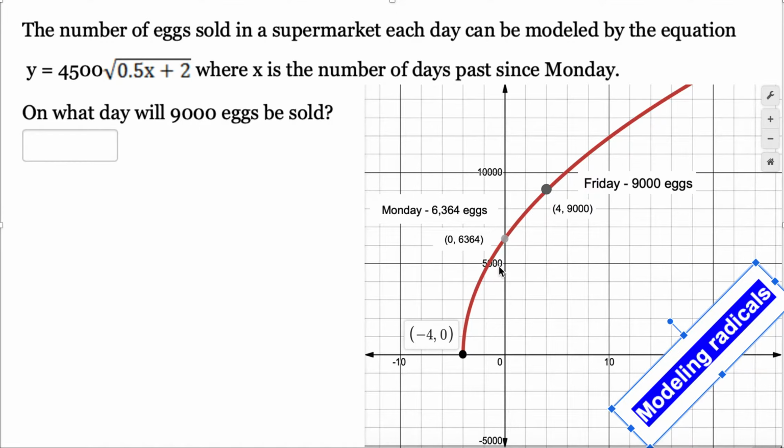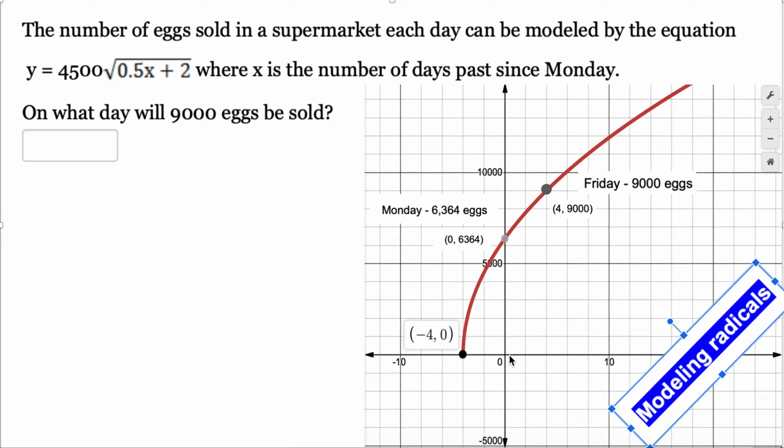The y-axis represents how many eggs were sold. In order for us to solve this problem, first of all, let's go to Desmos and put this equation in. When you put in this equation, you're going to get this graph here.